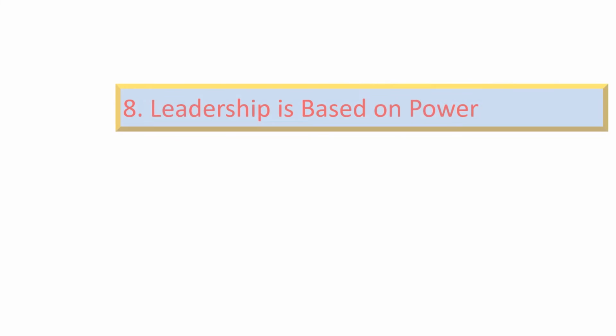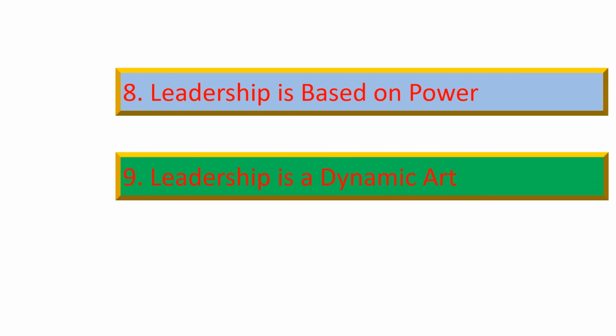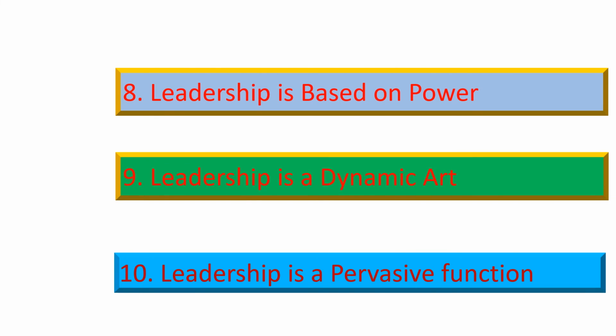Next point is leadership is based on power. A person holding power over others is a leader. A person is in a position to influence the behavior of his group members.